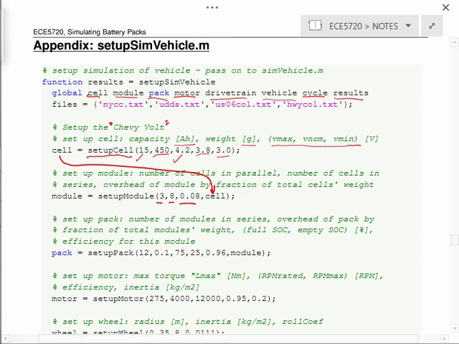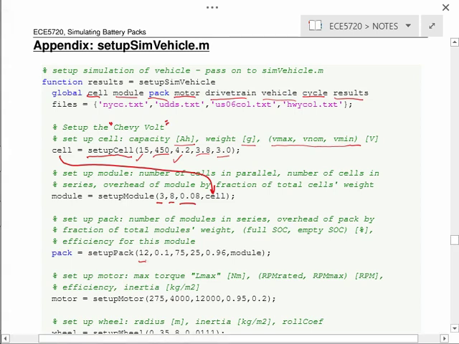Now we set up a battery pack, which is a number of modules in series, and then the overhead of the pack by weight, and then the SOC range used by the vehicle, and the efficiency of the module. So there's 12 modules in series, meaning there's 96 cells overall in series in the Chevy Volt.